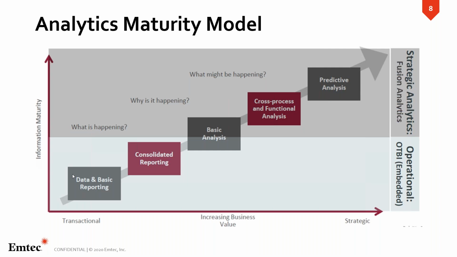When we get to why is it happening or what might be happening, when we start graduating on the value and the complexity of the systems that are answering the questions, that's where we move more into the strategic analytics area, with the goal here being predictive analytics. Now, there's also a higher value piece to this than predictive analytics.